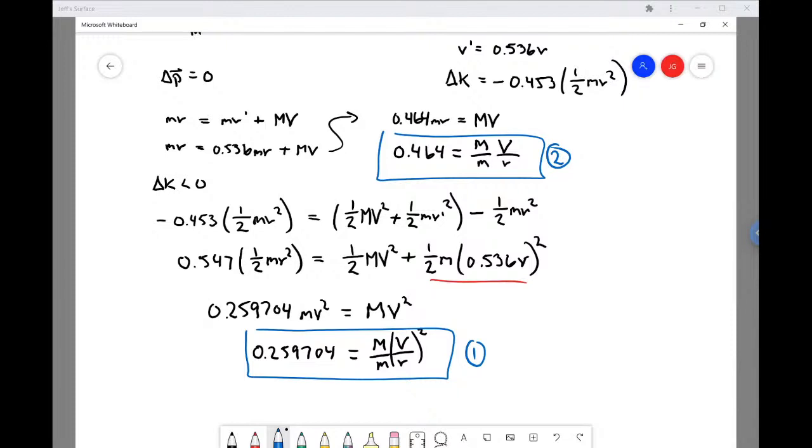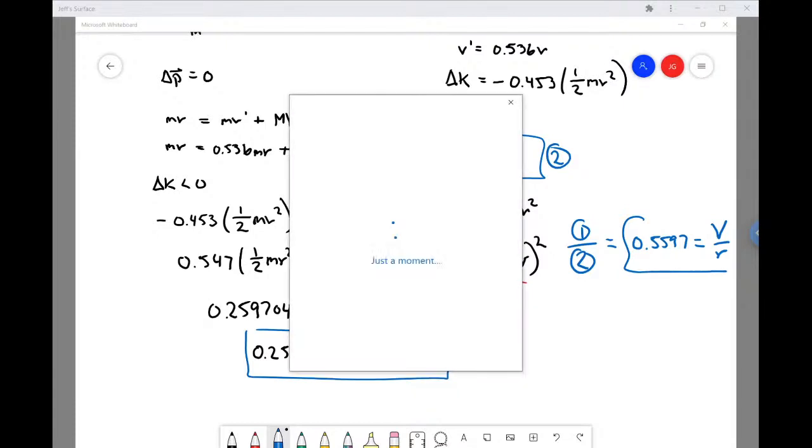So when you do that, you take equation 1 and divide by equation 2, what you get is 0.5597 equals big V over little v. So this is one of the answers that we're looking for.